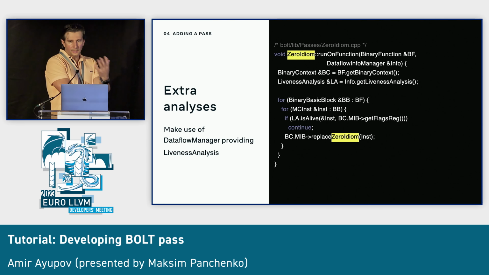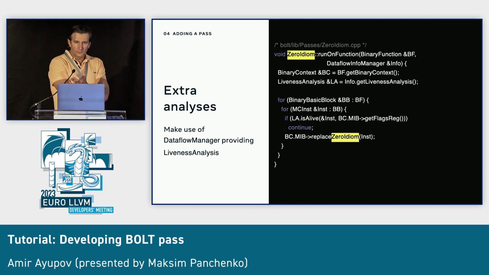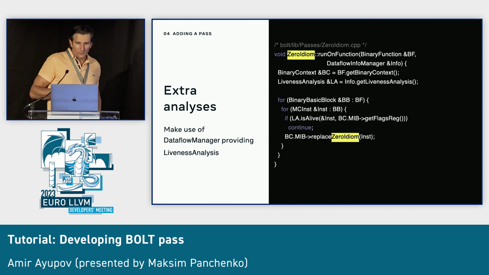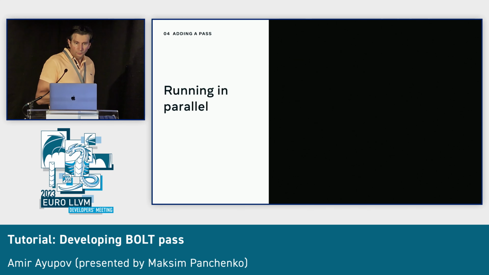You just take the binary context from the function, run liveness analysis, and create the instance. And before modifying the instruction, all you have to do is ask, is that flags register live? And if it's live, you simply skip it. Otherwise, you replace the move with the XOR instruction.